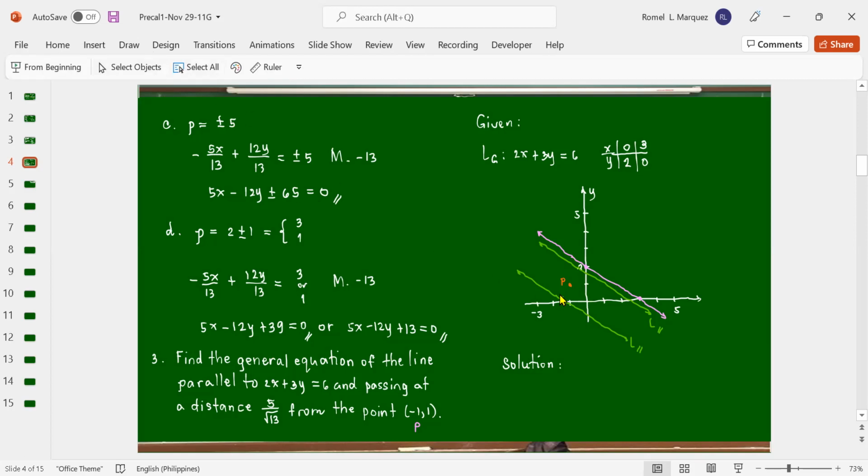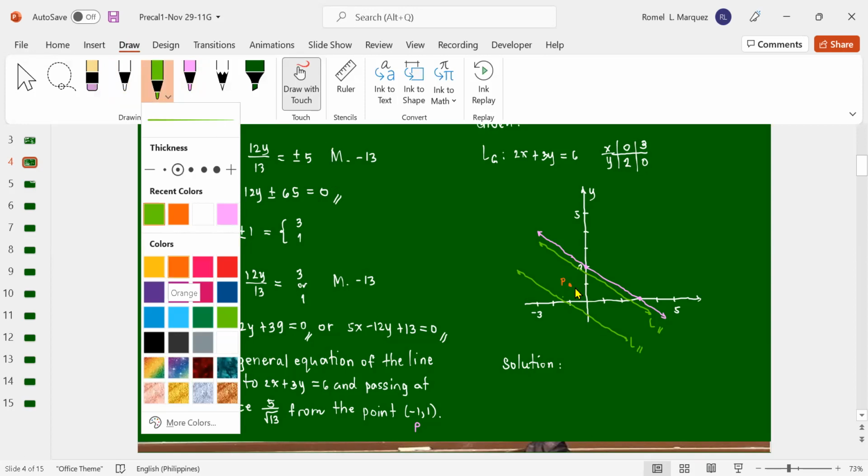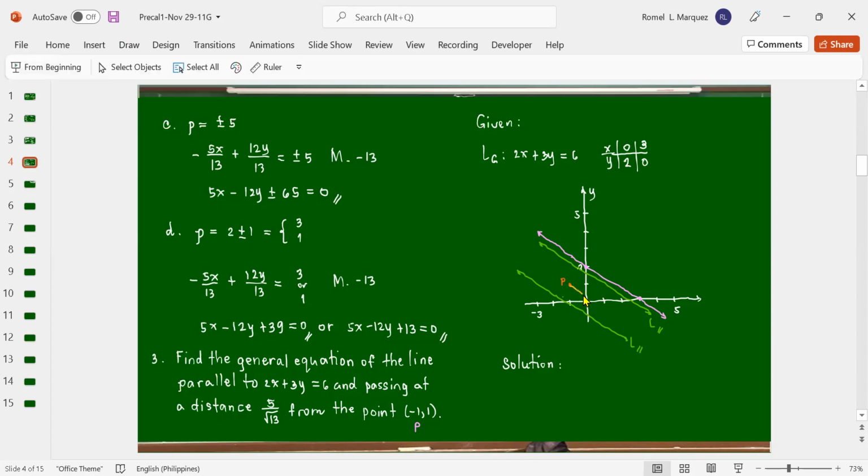So what we do, we find the equation of the line passing through this orange point. Okay, guys? So let's find that equation passing through that orange, but parallel to the pink also.